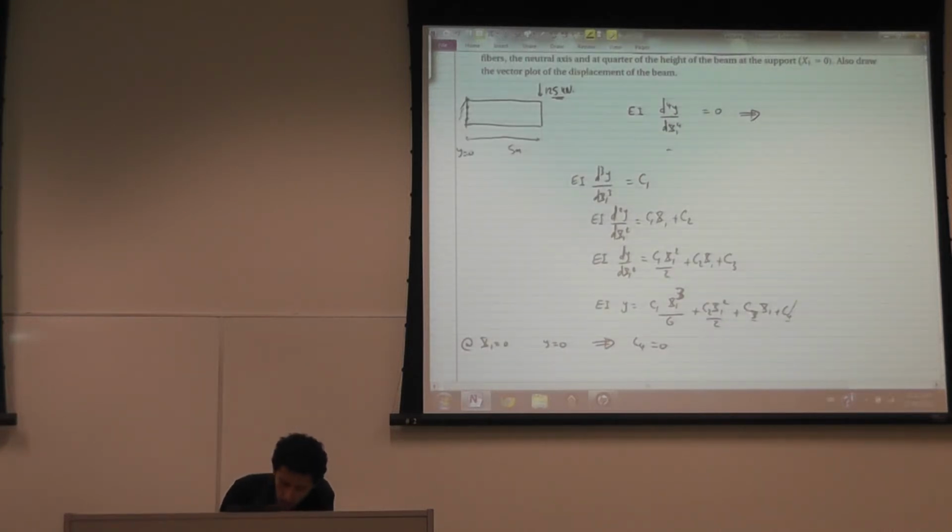This is y is 0. The rotation here is also 0 because it's a cantilever beam. At x1 equals 0, the rotation is equal to 0. You'll get that C3 is equal to 0.